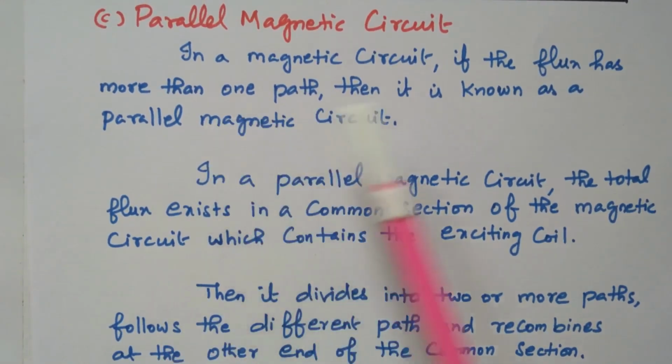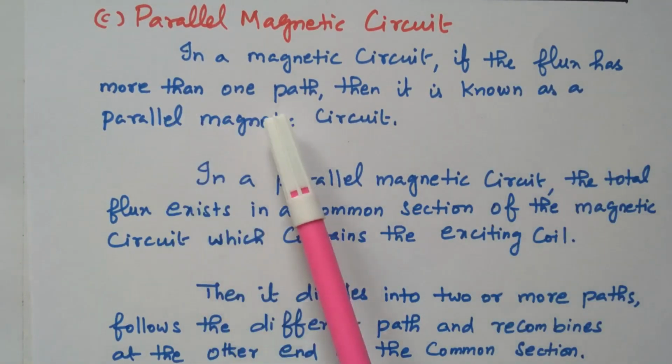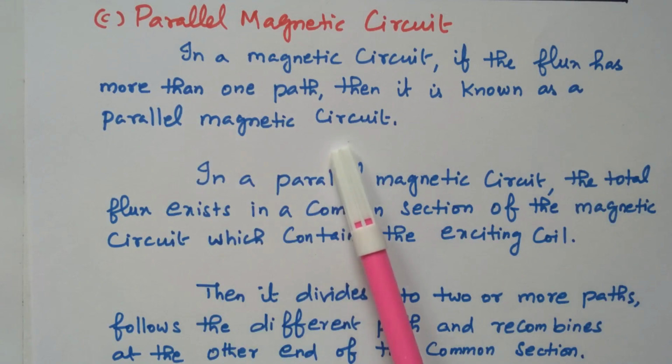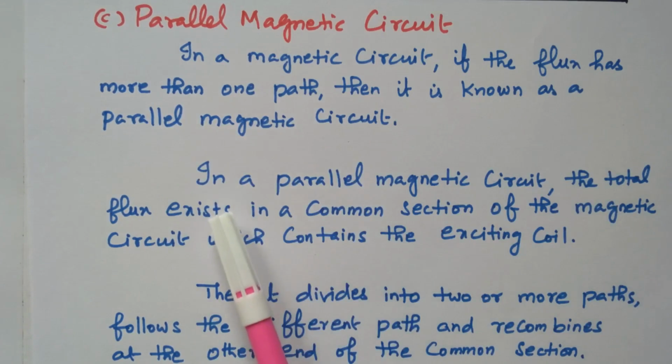Parallel magnetic circuit: if the flux has more than one path, then it is known as a parallel magnetic circuit. The flux is diverted, then it is called a parallel magnetic circuit. In a parallel magnetic circuit, the total flux exists in a common section of the magnetic circuit which contains the exciting coil.